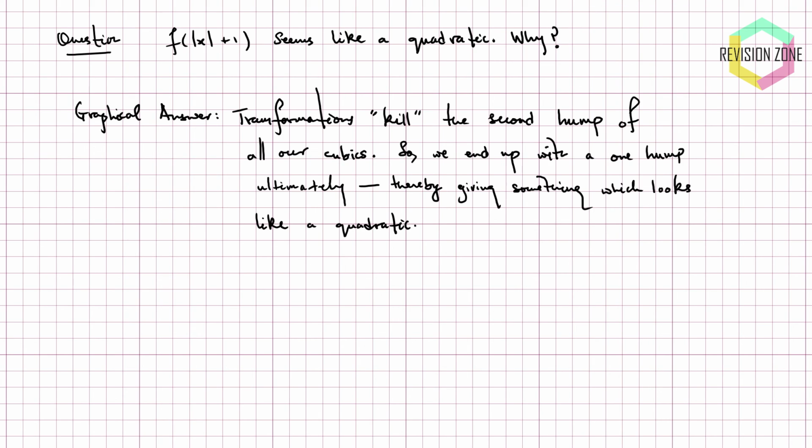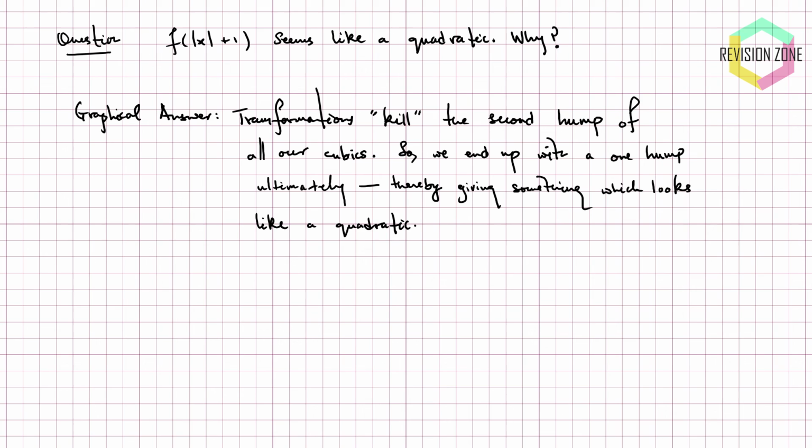Well, the reason it looks like a quadratic is that, if you follow through the reasoning I've given, in getting rid of parts of the green graph and the red graph, we killed off the second hump. Because we got rid of the second hump in both those cases, the cubic that we had got reduced to only giving us parts of the cubic, and when we join those parts together, we end up with something which only has one hump in the end, right?